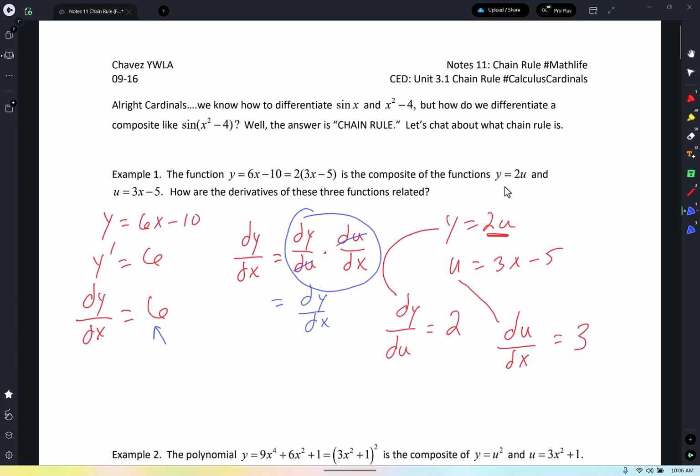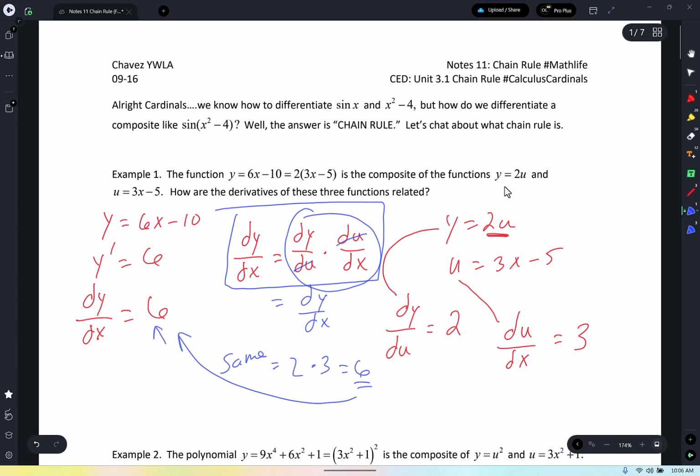Remember, the derivative was 6 on this expression, right? So let's see if this works. dy du, 2, times du dx, 3. Oh, look, you get the same answer, guys. See? So it works. That's called the chain rule. What is chain rule? It's really this guy right here that I'm putting in a rectangle. Derivative of the outside, leave the inside alone, times derivative of the inside.